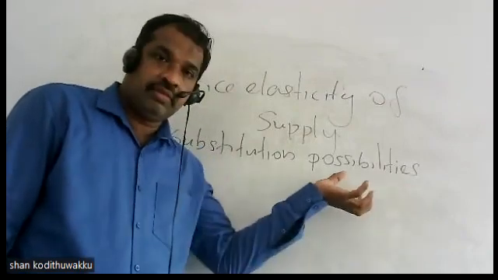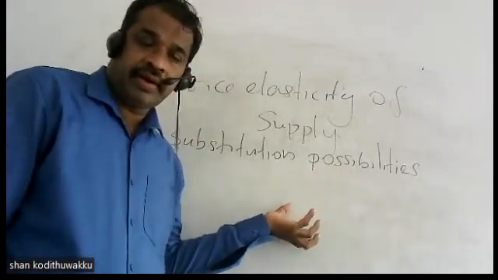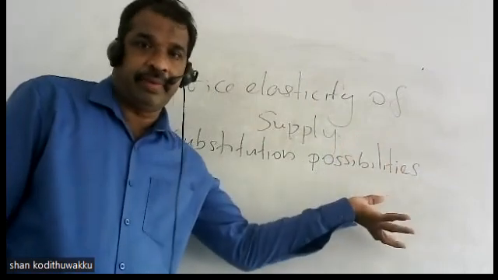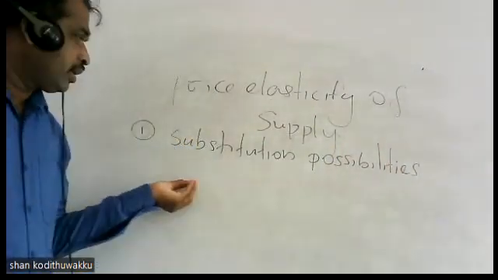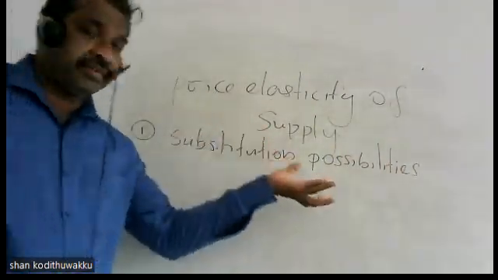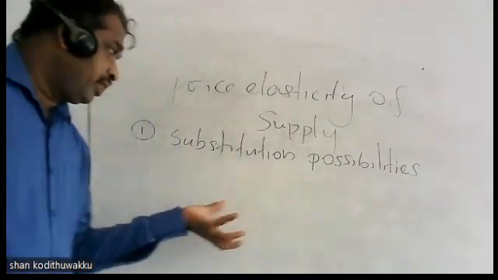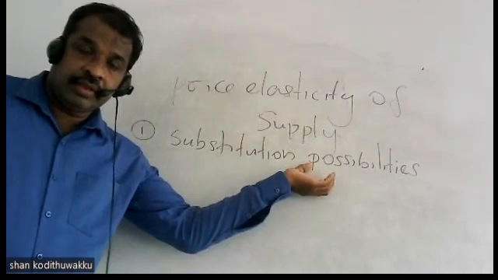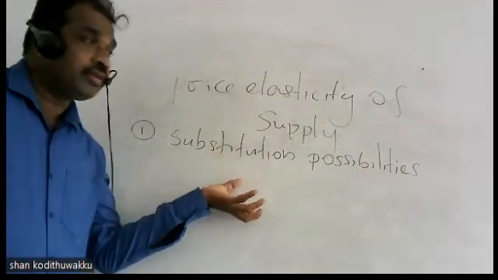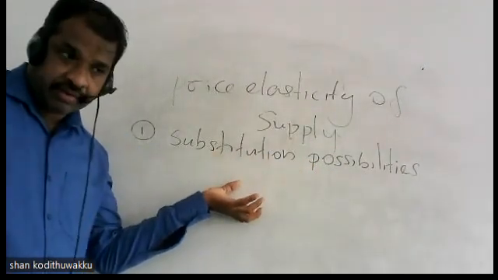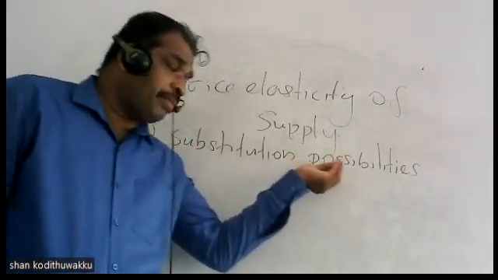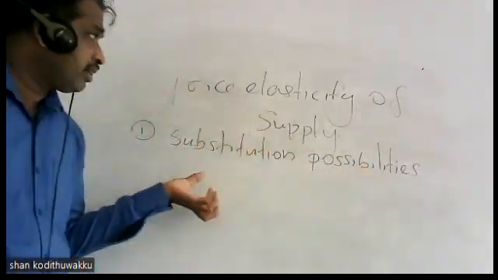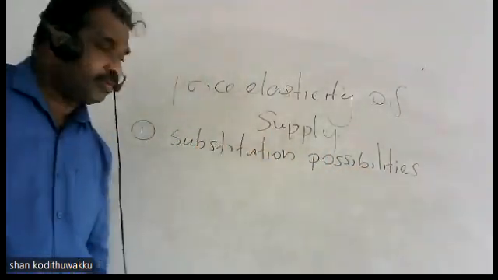The resources which are used to produce one product can be used to produce another product. Okay, that is the substitution possibilities. When there are more substitution possibilities, the product is more price elastic. When there are fewer substitution possibilities, the product is less price elastic.